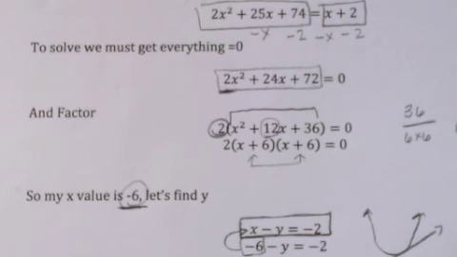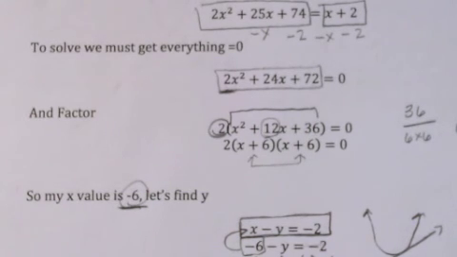I'm interested in knowing what the y value is. So I solve this for y. First I add 6 to both sides. That gives me negative y equals 4. And then again I'm going to need to multiply both sides times negative 1 to get that y to be a positive y. And so what I end up getting is y is equal to negative 4.